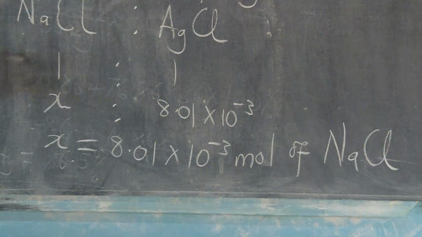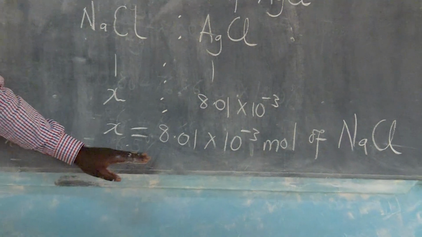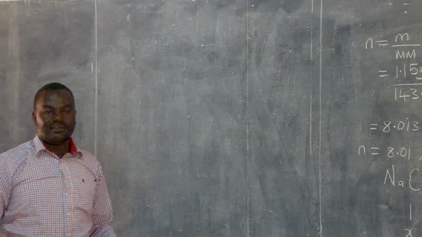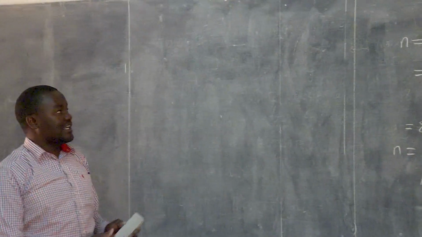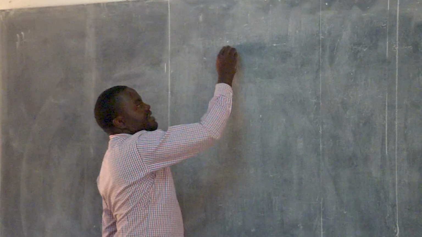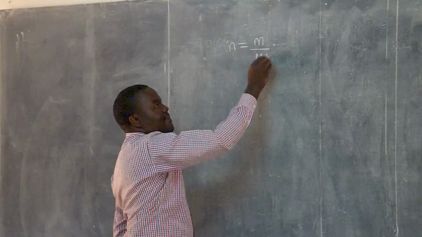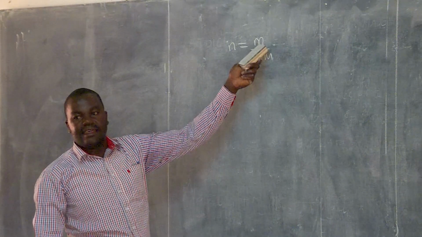So now we want to find the mass of sodium chloride. But we know from our earlier equation that number of moles is given by mass over molar mass. What do we want to find? The mass.